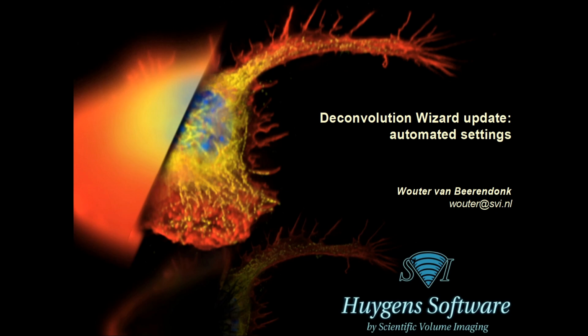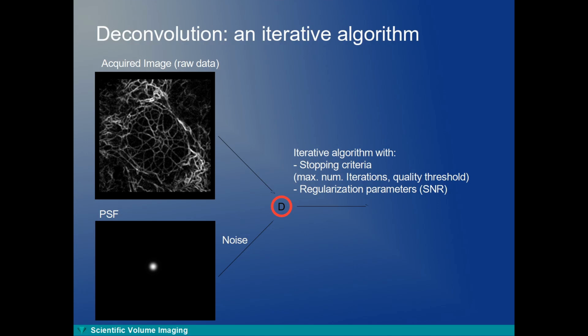First I want to give you a short overview of some of the parameters involved when you do deconvolution. We normally take an acquired image and load it in the Huygens software, and then from the metadata that is stored with it we can create a theoretical PSF, basically the building stone of your image.